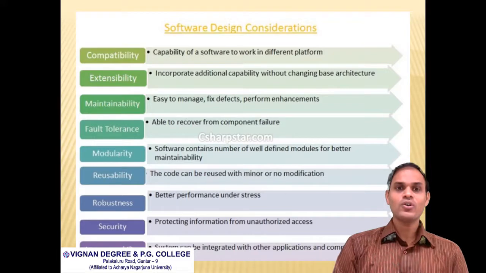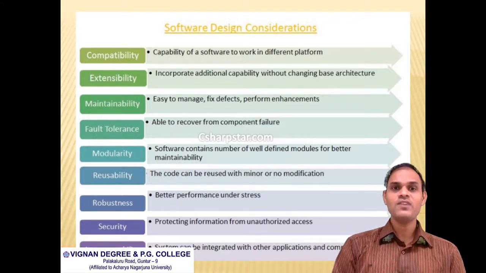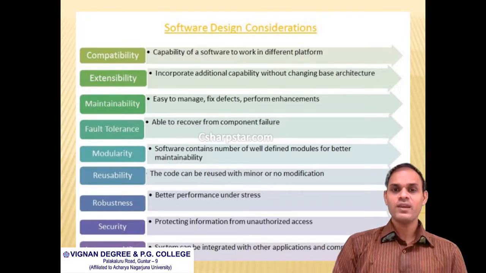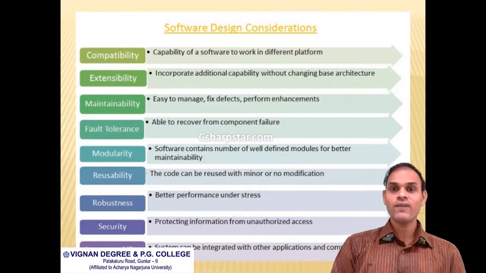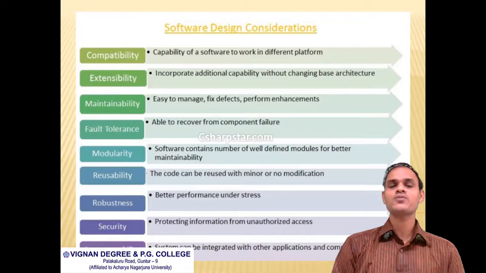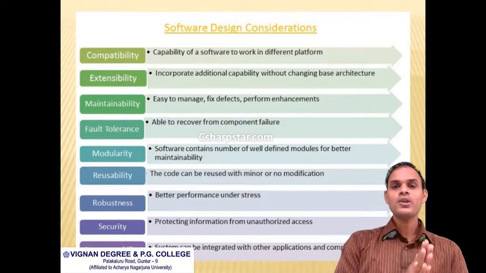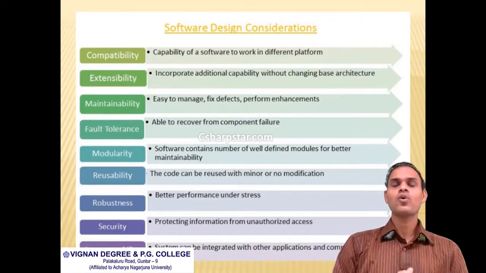And next one, fault tolerance. Fault tolerance means being able to recover from component failure. Coming to modularity: the software contains a number of well-defined modules for better maintainability. Reusability: the code can be reused with minor or no modification.